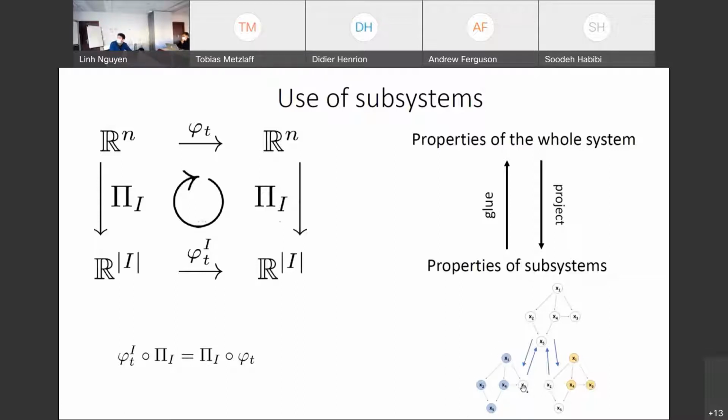We don't need the variable x3, only the colored ones here. We solve a similar problem here for this subsystem of those yellow nodes, and then we try to go back and glue them together. This is what gluing meant here, to obtain an object for the whole system.